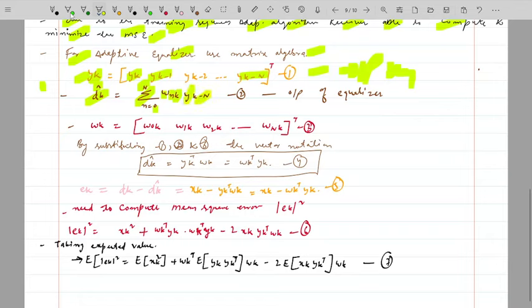We take the summation of all these values, and this equation, the second one, is for the output of the equalizer, basically the estimated output of this equalizer.